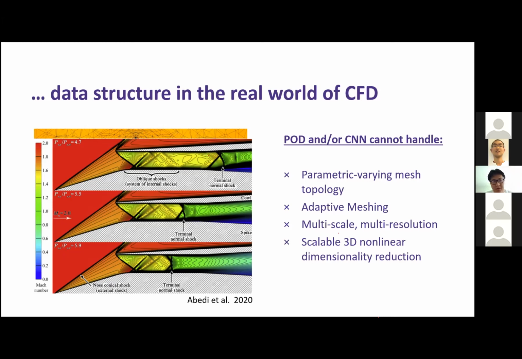For example, if you're using the largest GPUs and apply 3D CNN, the highest resolution I can find in a paper is 64 cubed, which is barely any turbulence. And therefore, we need to have something new. We need new solutions for the data structure in the real world of CFD.